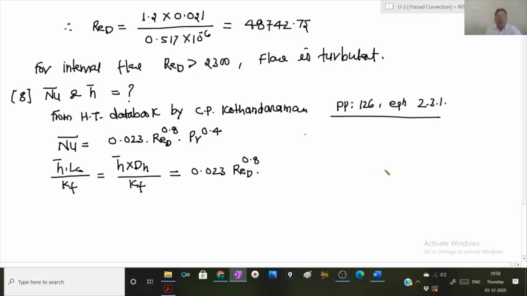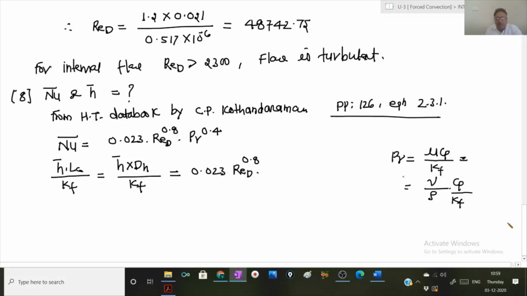We have not been given the value of Prandtl number, and Prandtl number can be calculated as mu Cp over K, or again the value of mu is not given, so mu can be written as nu by rho into Cp by K. K is thermal conductivity of fluid.